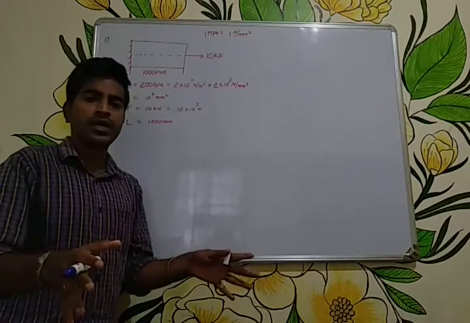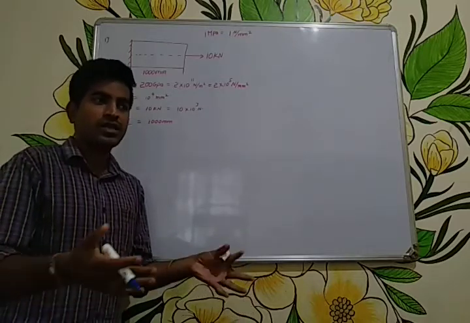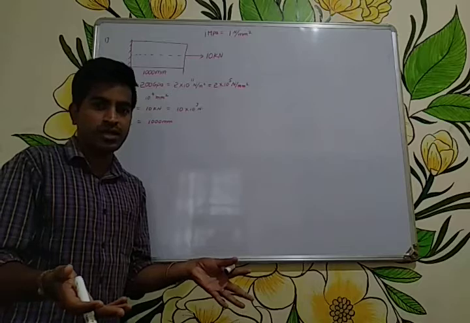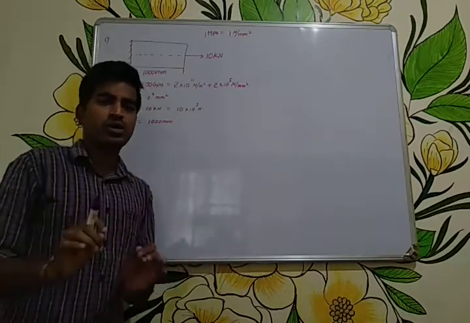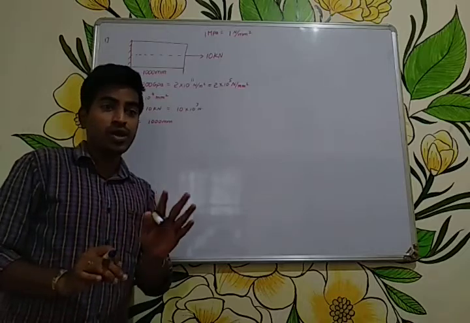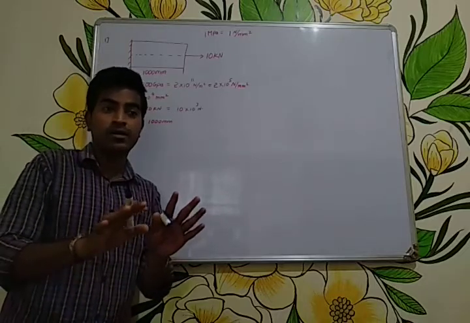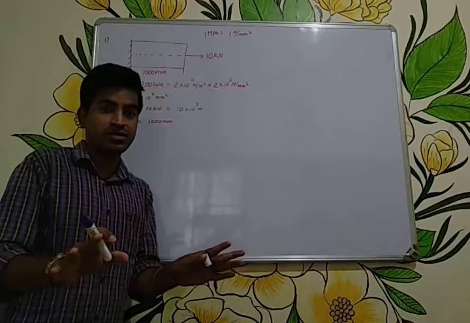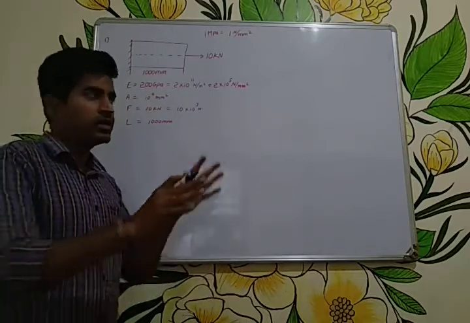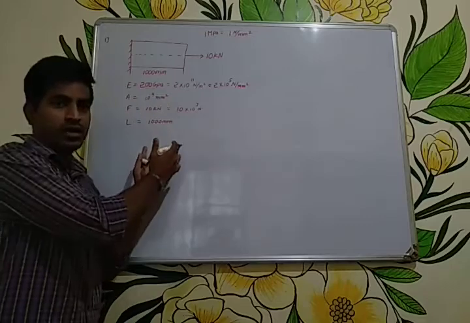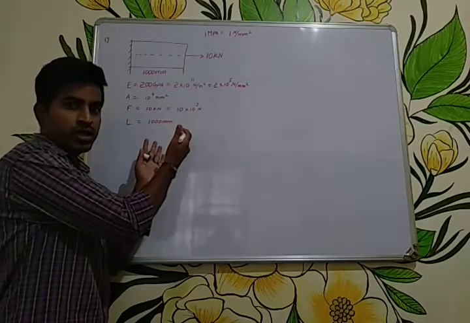Whenever the material property or the geometry is discontinuous, and whenever there is a load discontinuity, there you need to consider a node, because there only you will have maximum stresses or displacements.